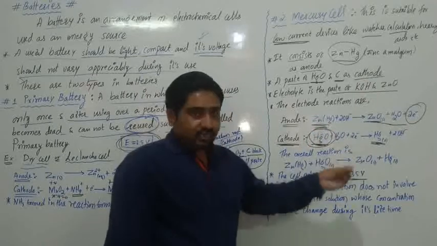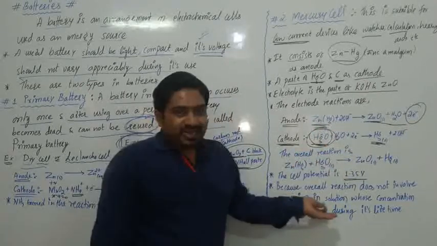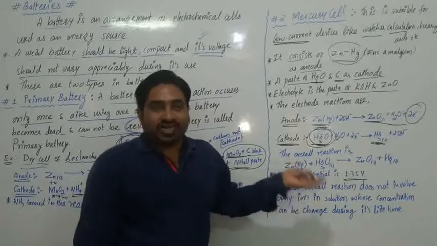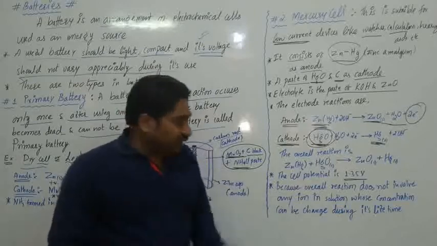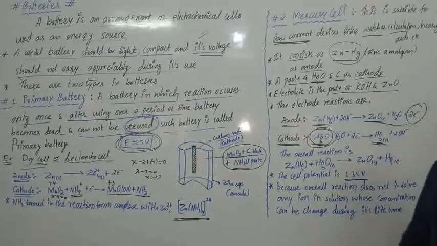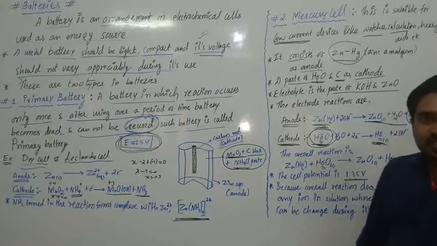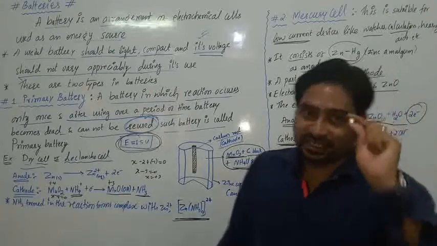We cannot find any chemical species or ions whose concentration changes. So due to no change in the concentration of any ions, the potential of the battery remains constant during its use.